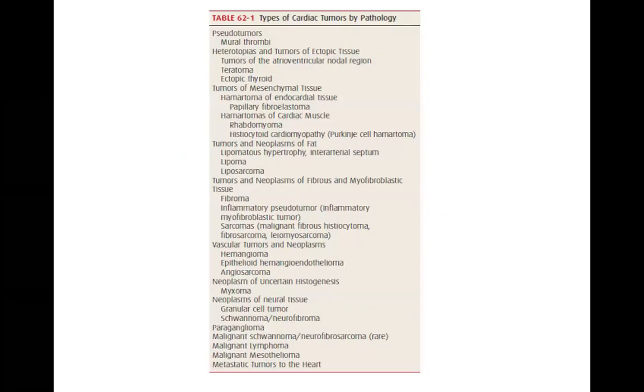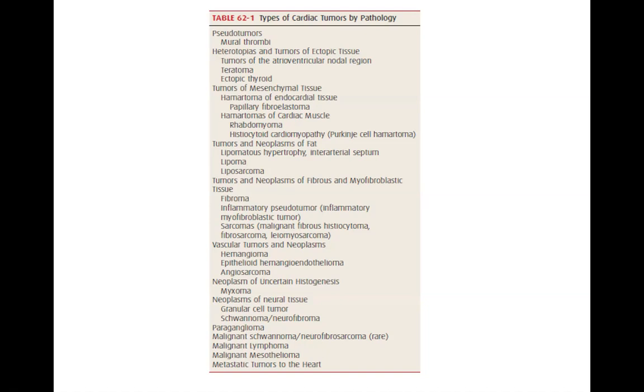So this was also taken from Kohn or Lawrence. This table will show you the different types of cardiac tumors by pathology. You can tell here that there is something called a pseudotumor, due to mural thrombi. Or you can have heterotopic tumors of ectopic tissues, as we said before, ectopic thyroid, tumors of the atrioventricular nodal region, or teratomas.